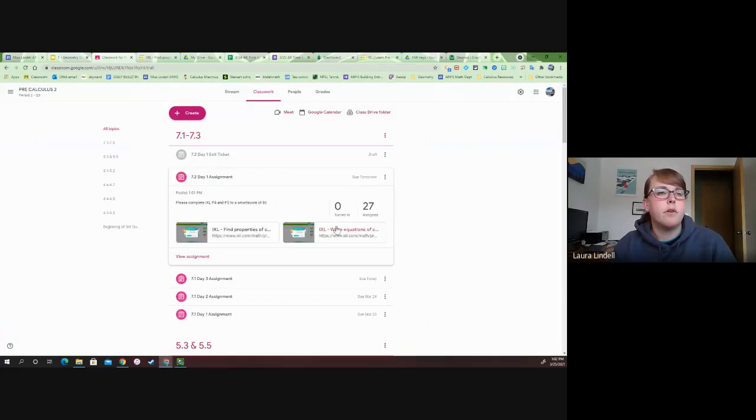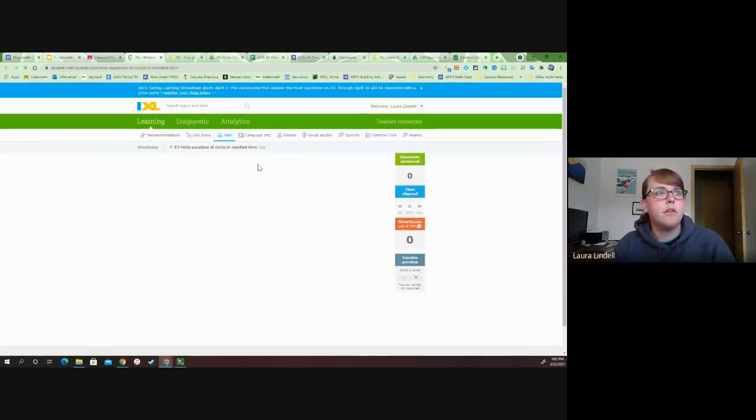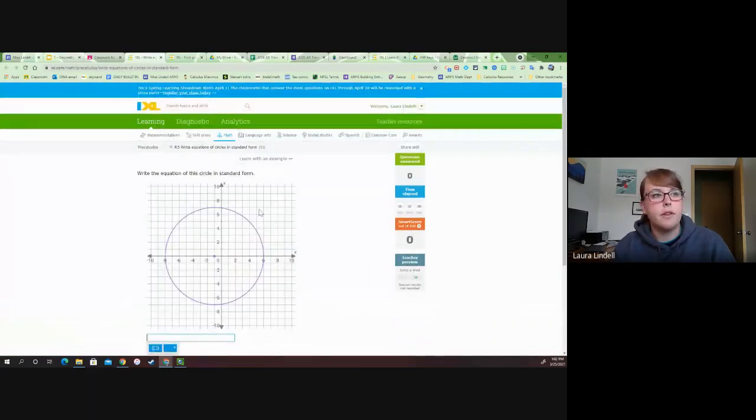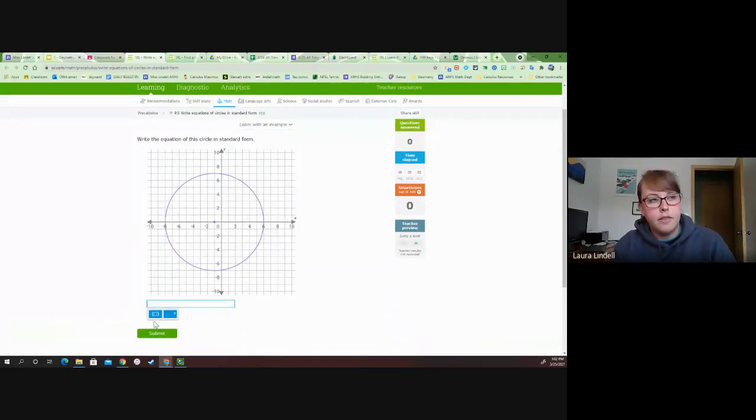And then the second is writing equations of circles in standard form. Notice how you've got the parentheses and the square button down here that they want you to use, because the little up caret 2 thing doesn't work on IXL, unfortunately. But we would write the equation. The center of the circle is -1, 0.